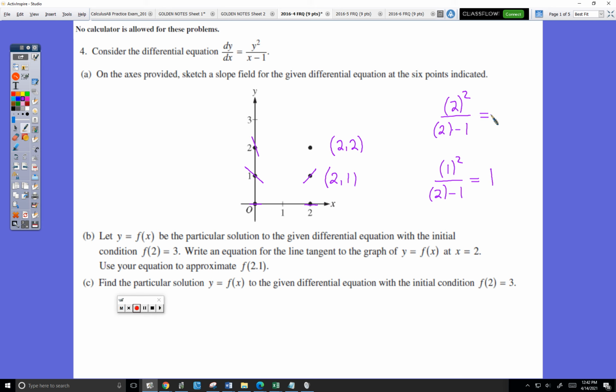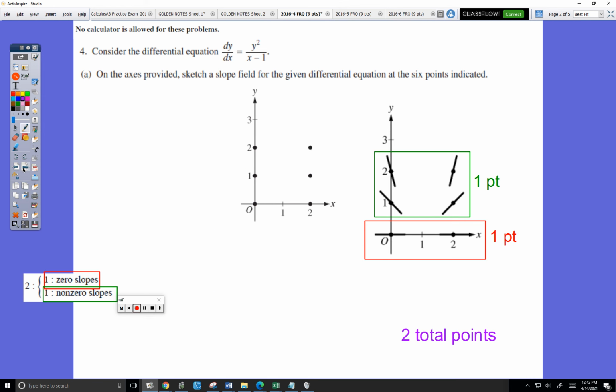That's a slope of positive 4. So that's going to look like that. If I check my work, I did a pretty good job on that one. 1 point for the two slanted slopes, 1 point for the two zero slopes, as indicated over here in the scoring guide. 2 total points for the slope field.